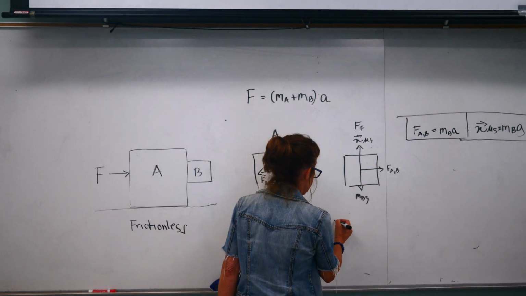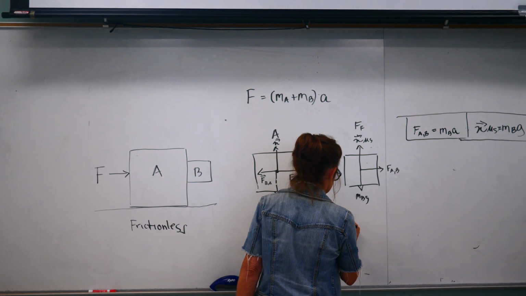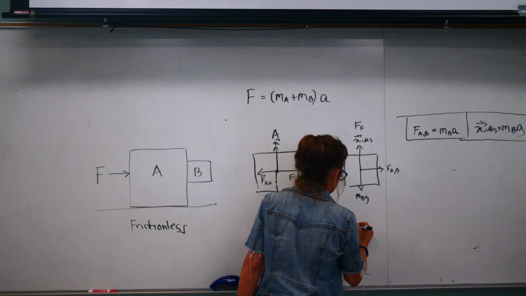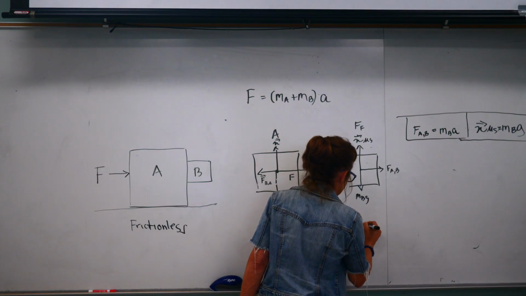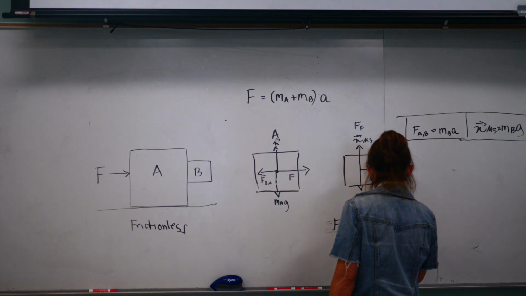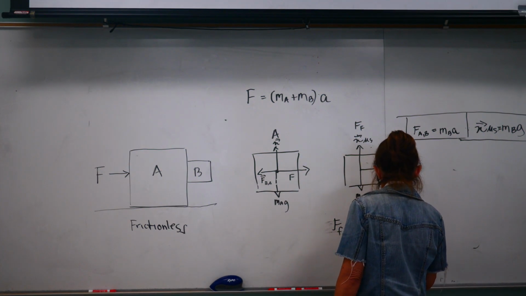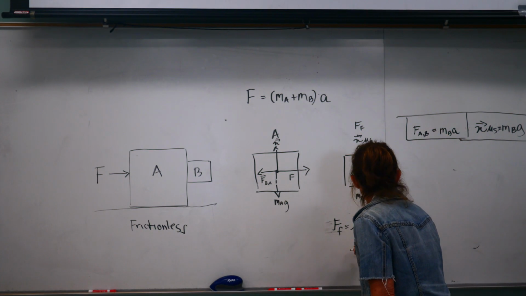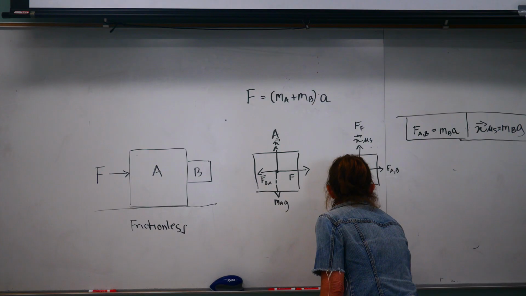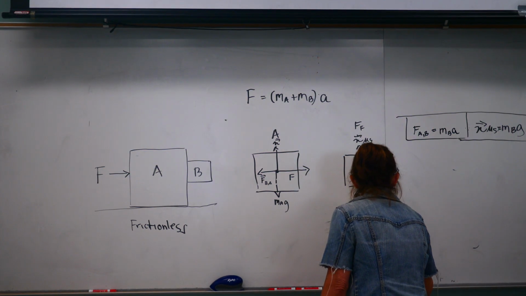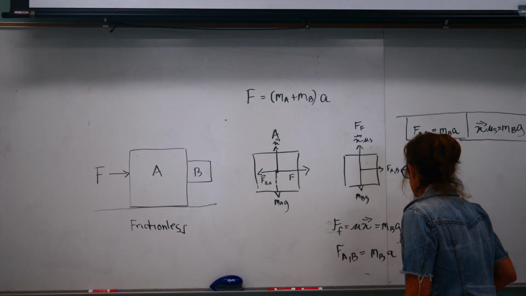What we know is that the force of friction equals mu_s times the normal force, which also equals the mass of B times g. And we also know that the force of A on B is going to be equal to the mass of B times a.